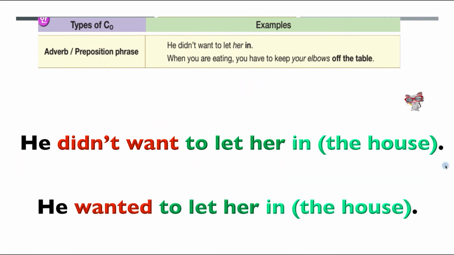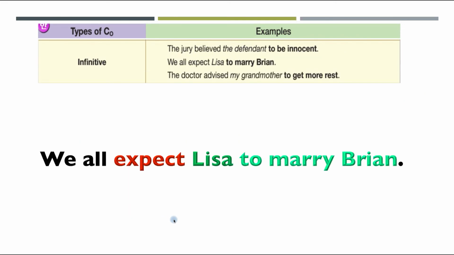And so one is he didn't want to let her in the house. You could also have the opposite. You could also remove the didn't and say he wanted to let her in the house. It works the same grammatically. Negative versus affirmative. Very good, Yonghi.